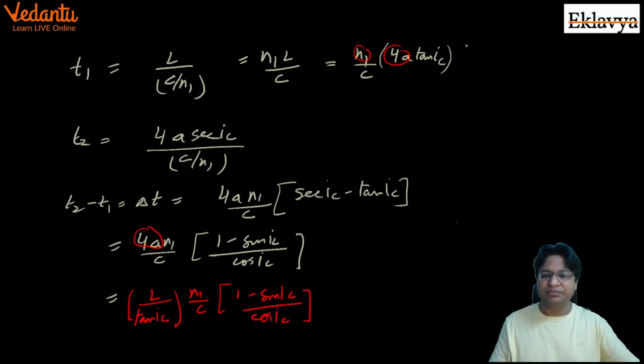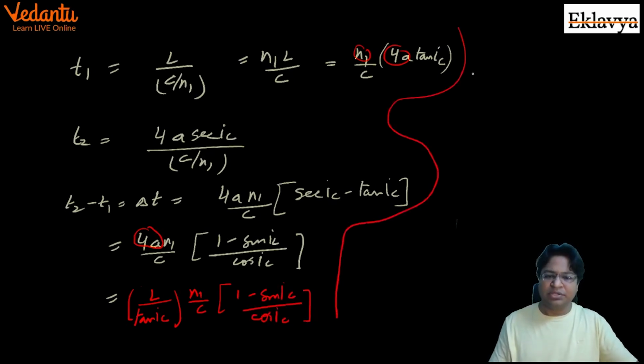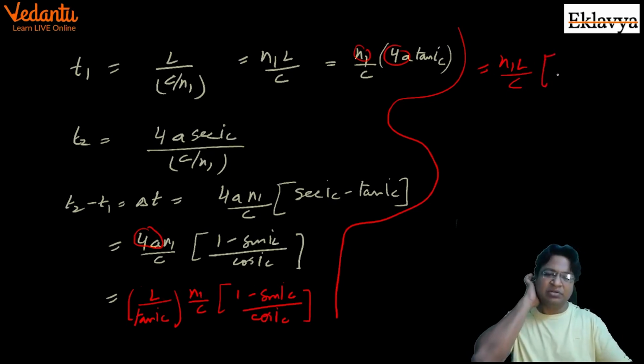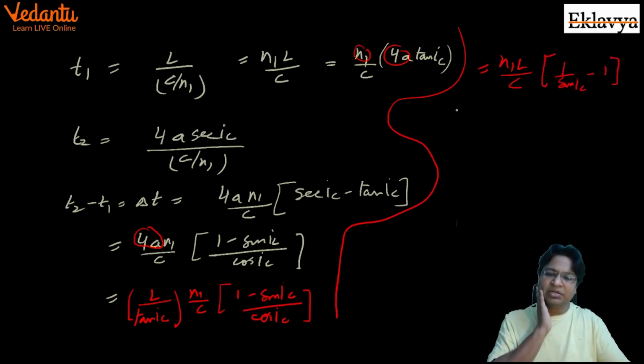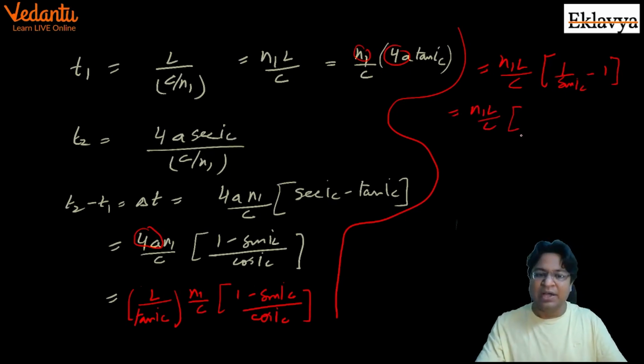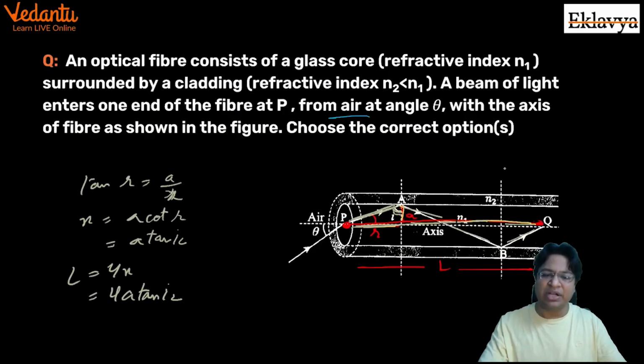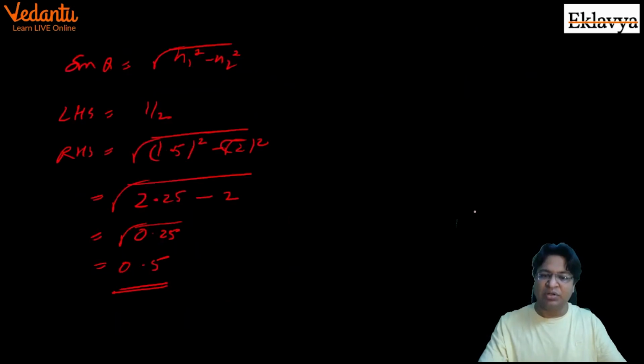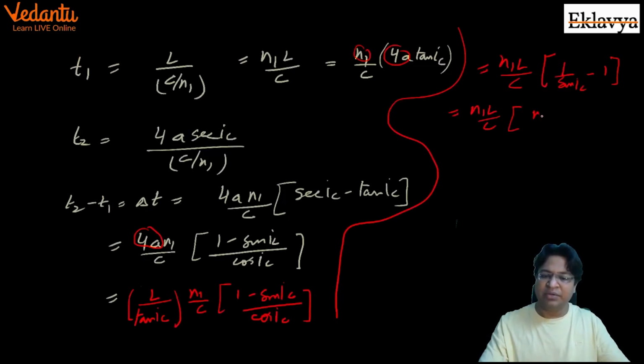Now see, this becomes n1 L by c, tan ic and cos ic becomes sin ic, so it becomes 1 upon sin ic minus 1. So this is n1 L by c, and then 1 upon sin ic minus 1. Sin ic was n2 by n1, so this would be n1 by n2 minus 1.